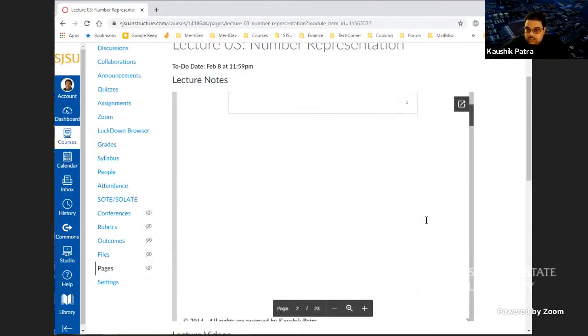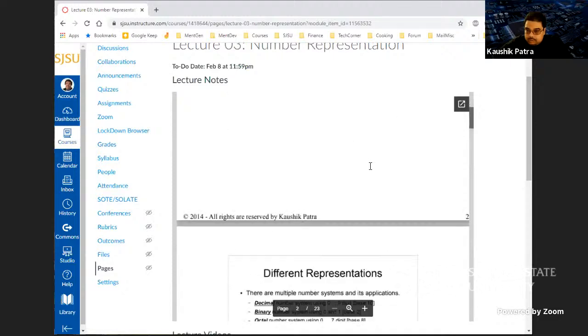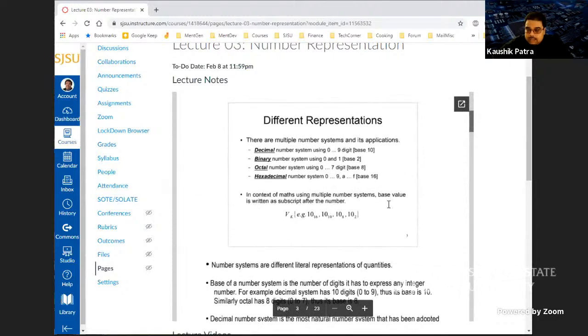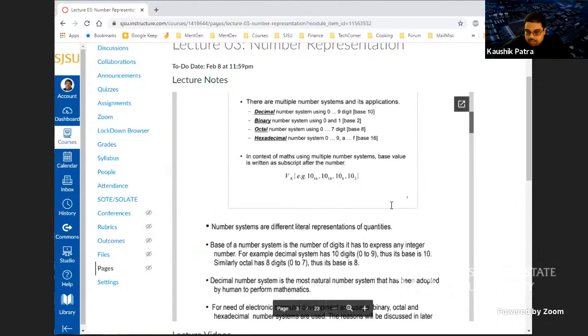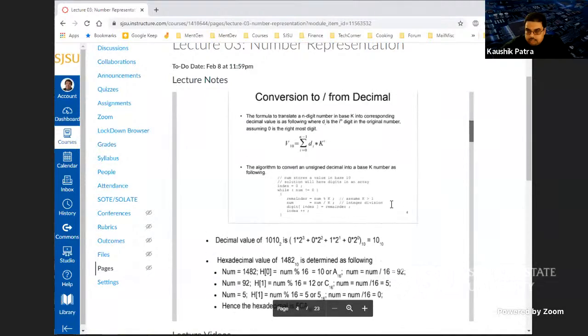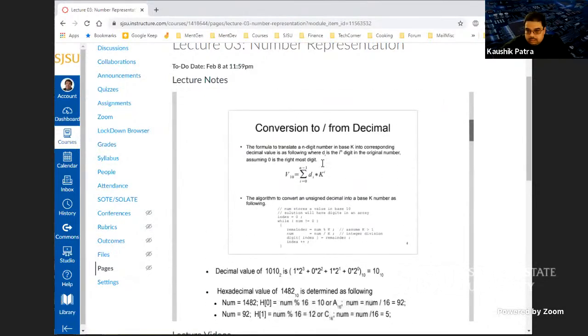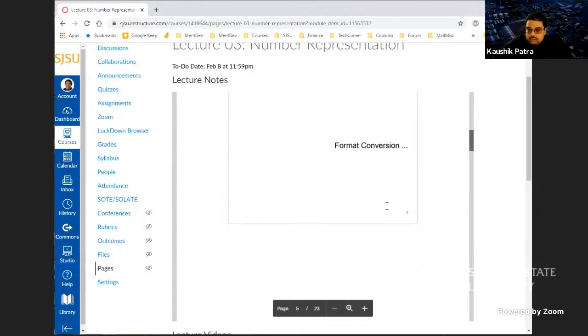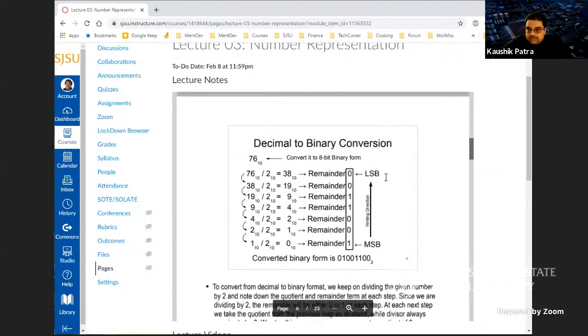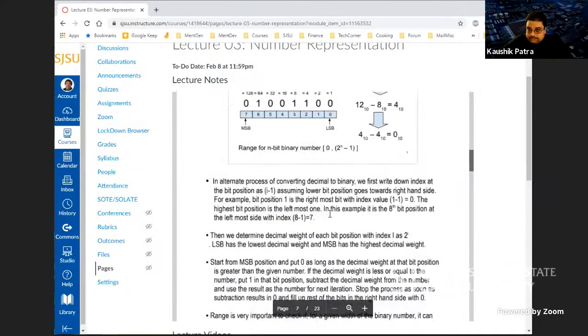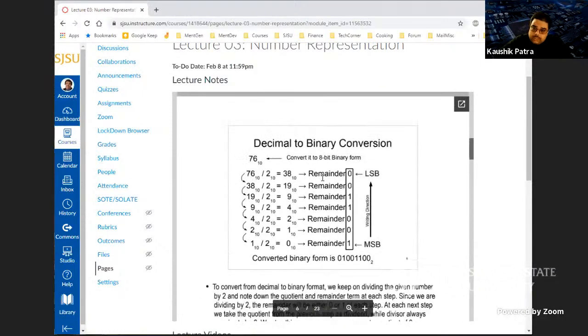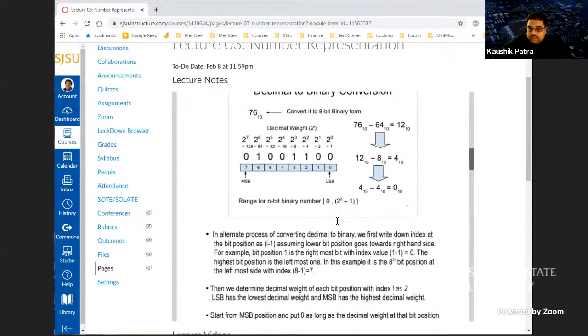Now let's go through what is there. We study integer representation, different number systems and the base notation, and what they mean. Then there is one slide to explain the whole conversion process from one system to another. We take examples like decimal to binary conversion, with the steps, and there are two different methods we can follow.